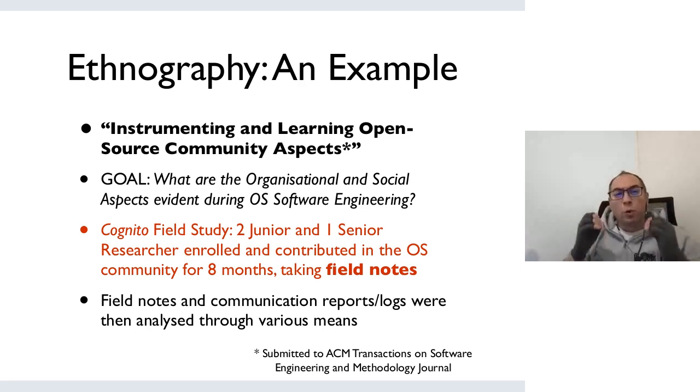These field notes were deliberately unstructured because the field notes represented the capturing of the phenomenon being observed. And then at a later stage, we analyzed the data, because these field notes and the communication reports and the logs of our contributions were analyzed through various means, content analysis and also grounded theory to some extent.